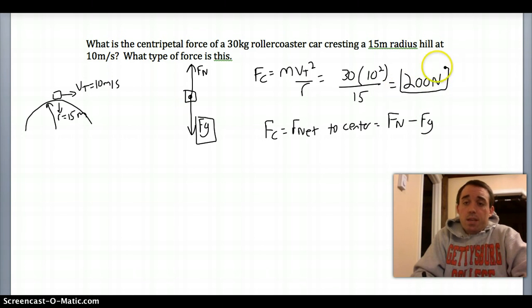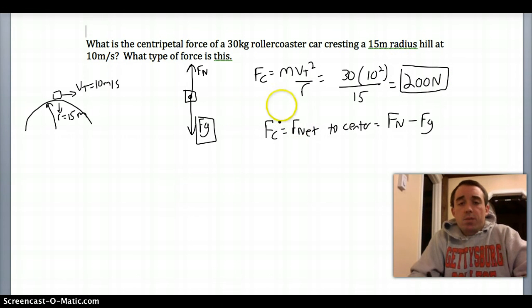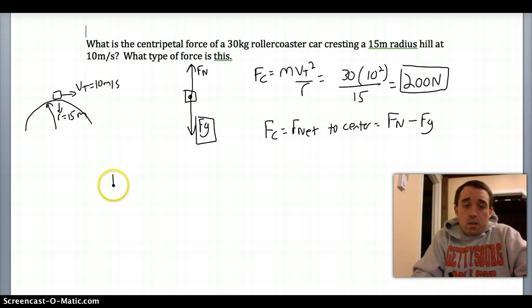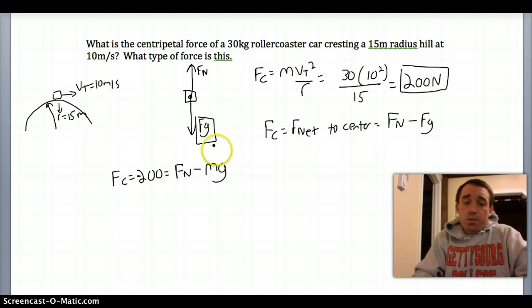But I want to just extend this a little bit because the worksheet you're going to do goes a little bit further. So our centripetal force, which we know to be 200 newtons, has to be equal to our normal force, and our Fc should be negative because it's heading to the center, down, minus our force of gravity. And our force of gravity is the mass of the car times the acceleration due to gravity.